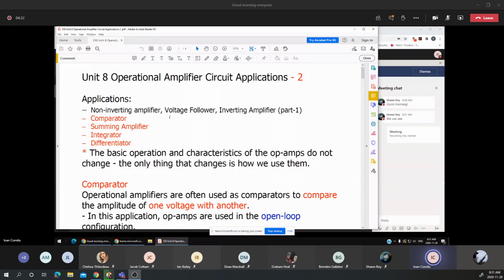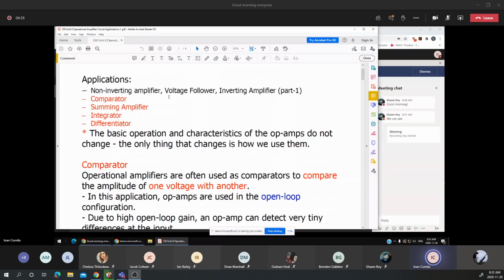Now, going back to what we discussed in the applications for the op-amps, we took the basics of the non-inverting amplifier and the inverting amplifier.